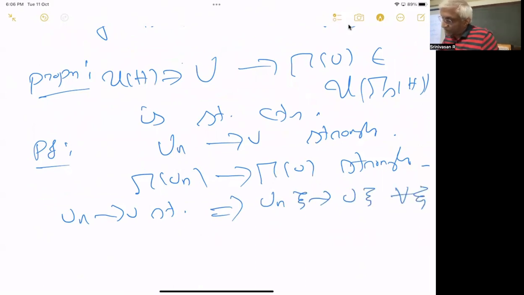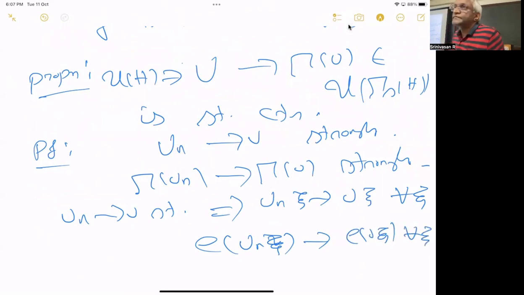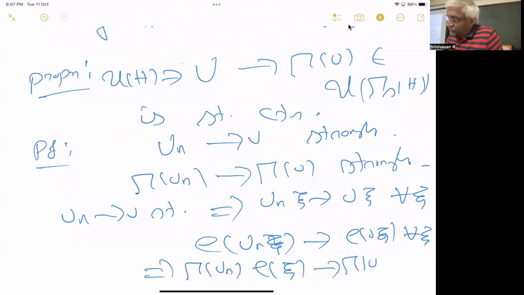Then we have already seen that the exponential map is continuous, so this implies gamma(U_n) acting on E(xi) goes to gamma(U) of E(xi) for all xi.